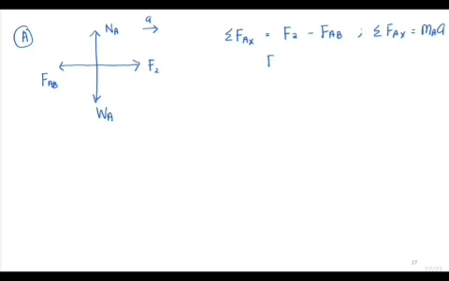Then we can simplify F2 minus FAB equal to MAA. Let's substitute all the information that we have. Pushing force is given as 36 Newton. Mass of box A is 15 kilogram. Let's call it as equation number 1.